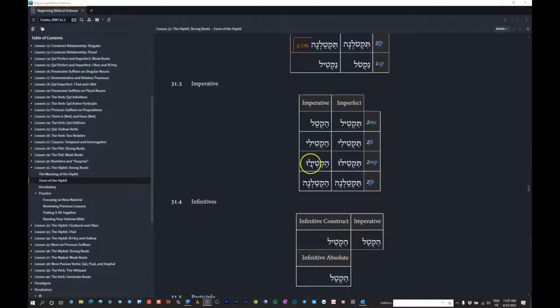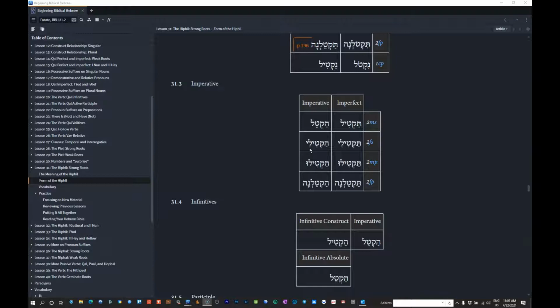So whenever you see the shureq, you know it's imperative. You could get a little trouble here with the 2FS form because this looks like the infinitive with a heroic yod added, and you might get a heroic yod added if you have a 1CS suffix on your infinitive.